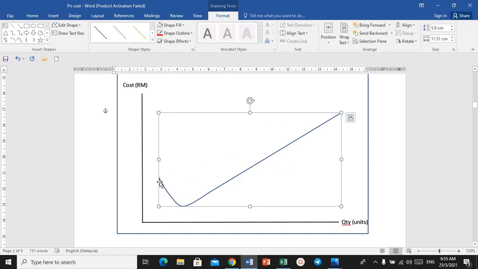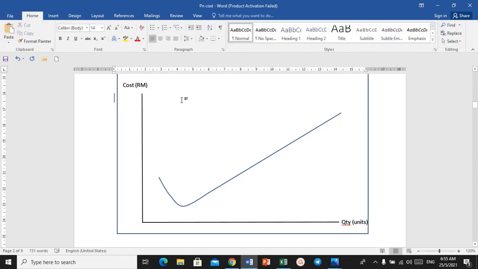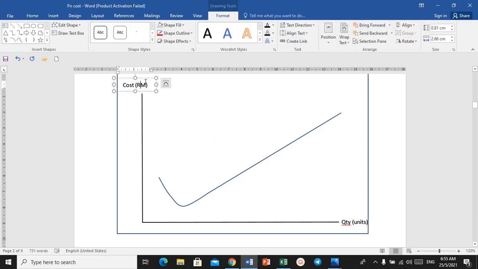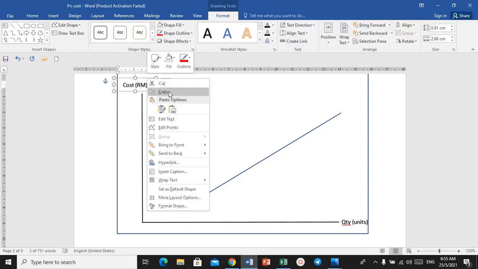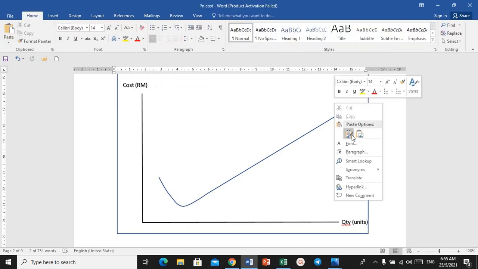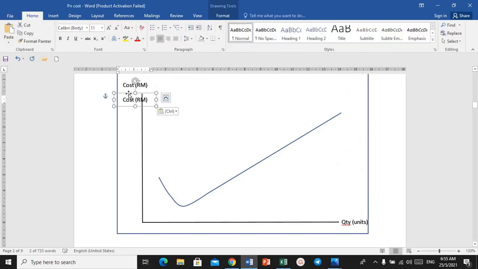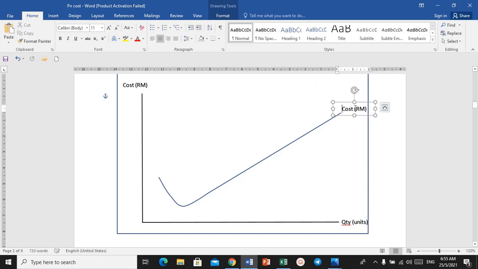So you can see here, we start here, then bring it down a bit, and then bring it up. So you have a big tick here for the marginal cost curve. Let's label this. This is marginal cost.